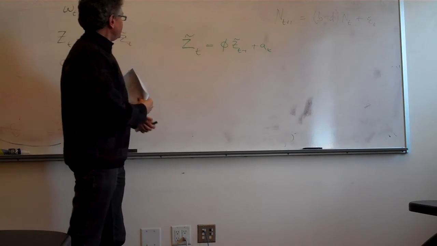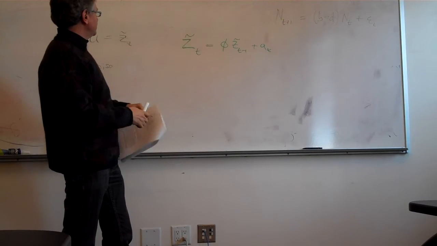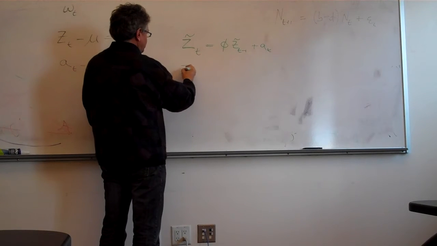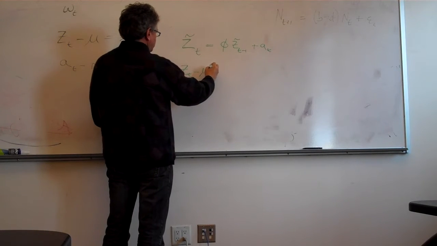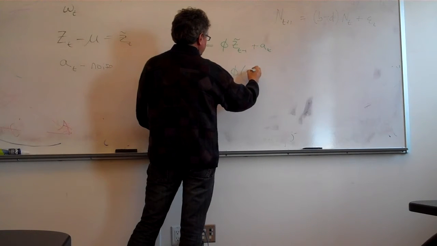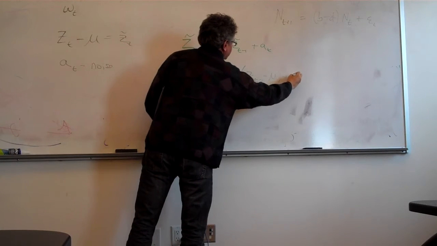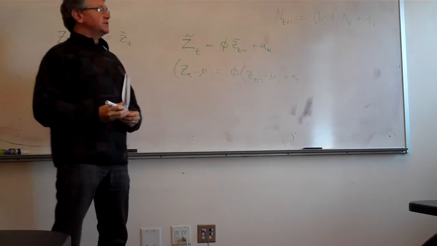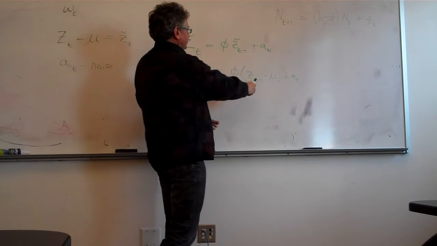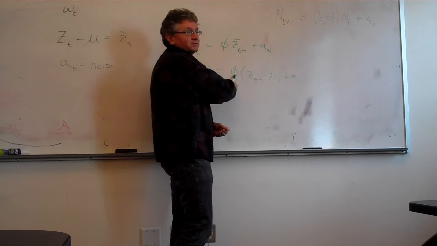AT. So what this is saying, since we're using the tildes, is that the deviation from the mean, so ZT minus mu, equals phi times ZT minus 1 minus mu, plus A. So the deviation from the mean is correlated with the previous deviation from the mean with correlation coefficient phi.